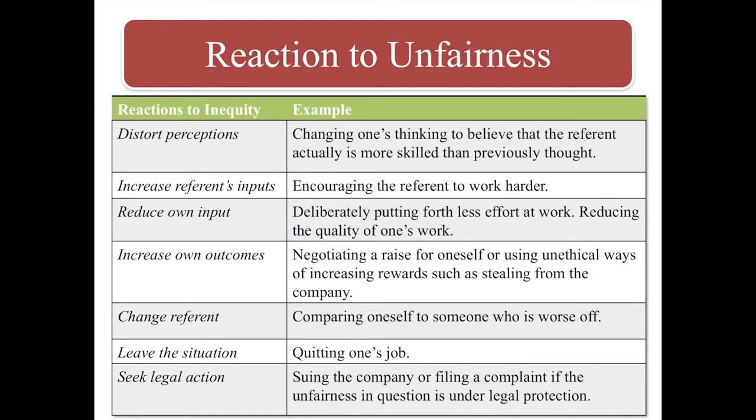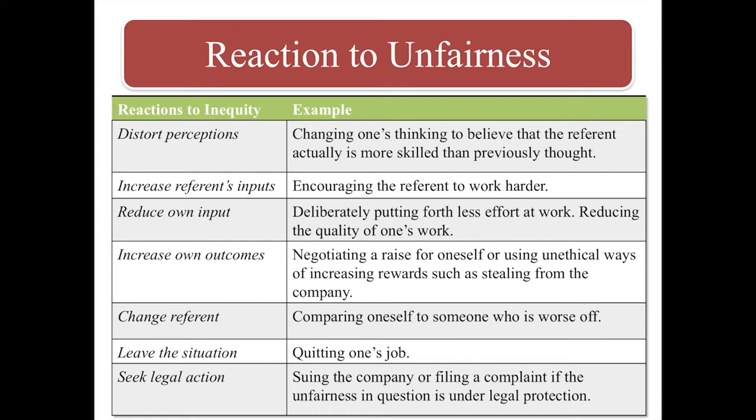So imagine that the ratio is out of whack and you are getting less. What could you do? Well, you might distort your perceptions. You might change your thinking, or you might really think about, are you really choosing the right things to think about? Are they more skilled than you previously thought, perhaps? You could increase the referent's inputs and try and get them to work harder.